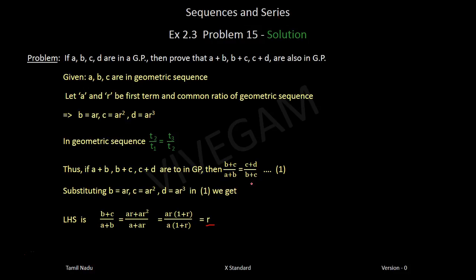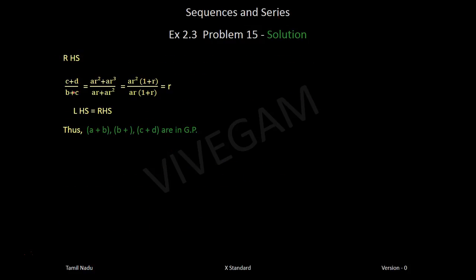Okay. Now you have to do the same for the RHS. What is the RHS? (C plus D) by (B plus C). C is the third term, which is AR squared. D is the fourth term, which is AR cubed. B is the second term, so it's AR, and C is the third term, AR squared. Here AR squared is common, so AR squared into (1 plus R).